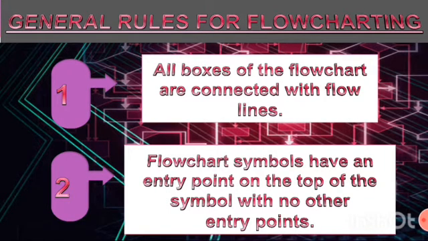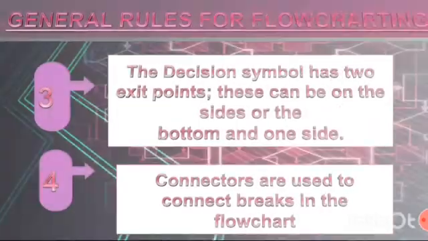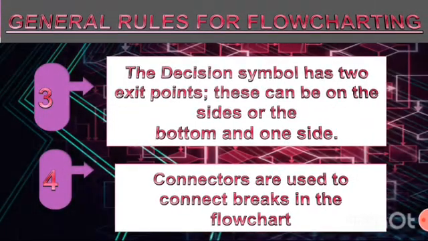In flowcharting, there are also general rules. First, all boxes of a flowchart are connected with flow lines. Second, flowchart symbols have an entry point on the top of the symbol with no other entry points. Third, the decision symbol has 2 exit points. This can be on the sides or the bottom and one side.